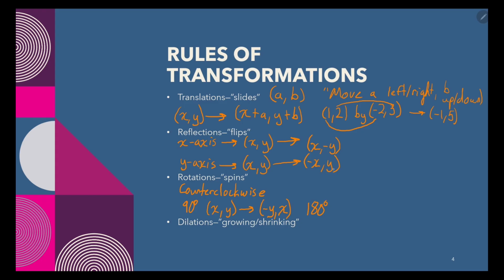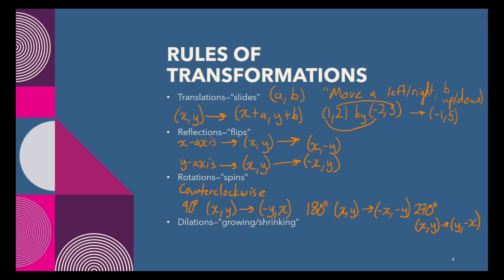With a 180-degree rotation, we found that (x, y) went to (-x, -y), and then with a 270-degree counterclockwise rotation, we have (x, y) going to (y, -x). And these are all for counterclockwise rotations.